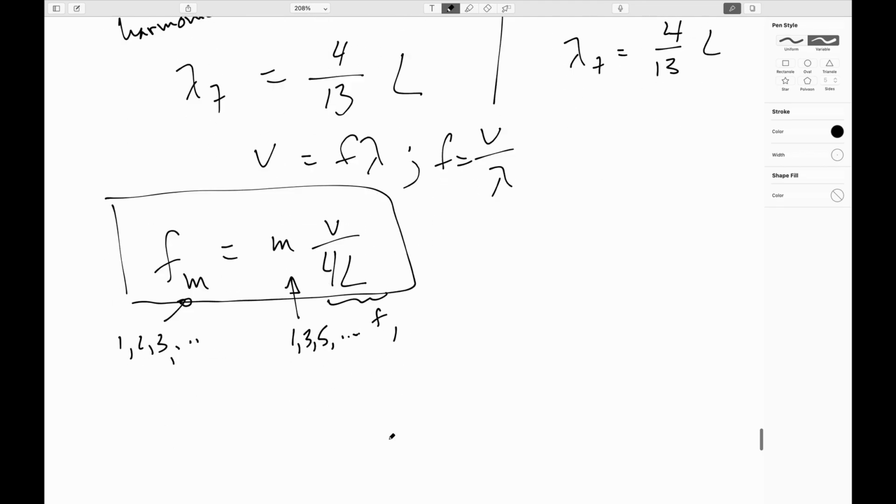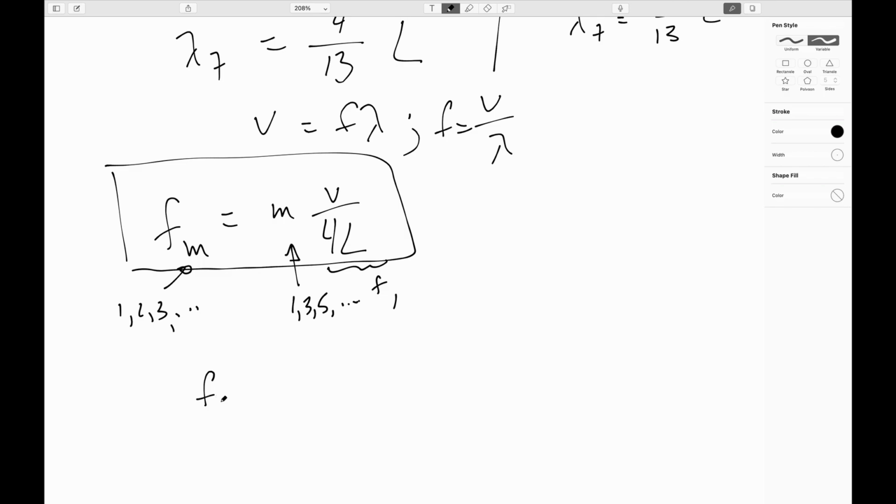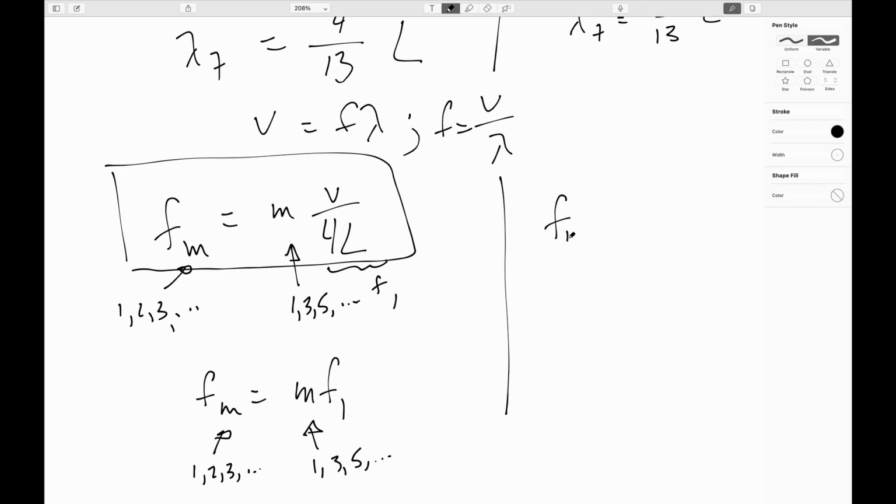So if you prefer, you could write f_m is equal to m times the fundamental, but again, this is going to be 1, 2, 3, and then this is the corresponding odd numbers, 1, 3, 5, and so forth. Or, if you want to write it the old school way, you would write that the mth harmonic is (2m minus 1) times v over 4L, and that bit right there will be our fundamental.